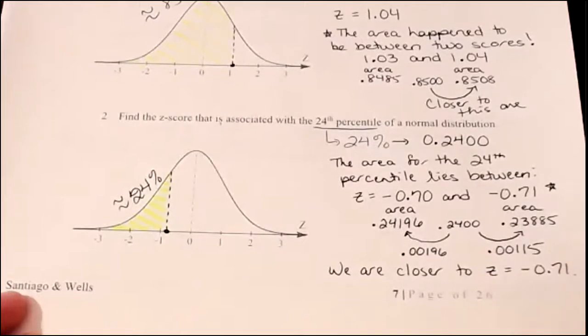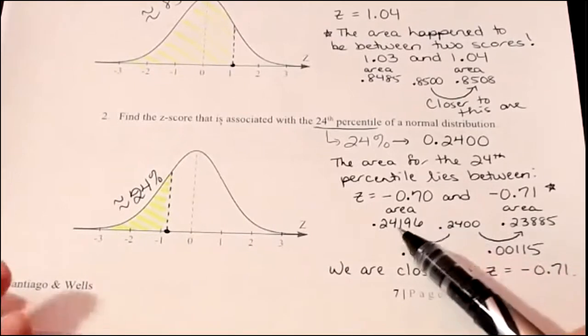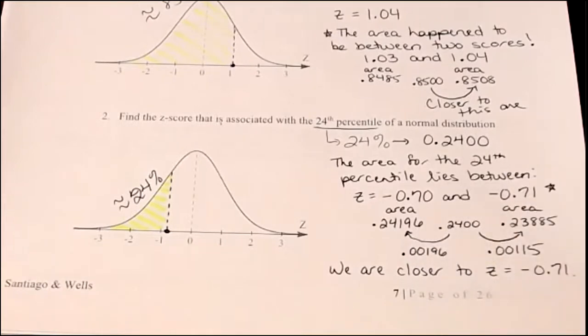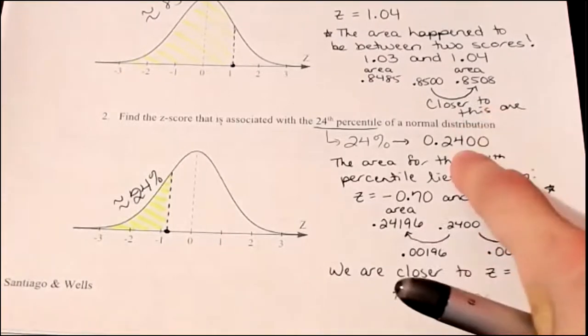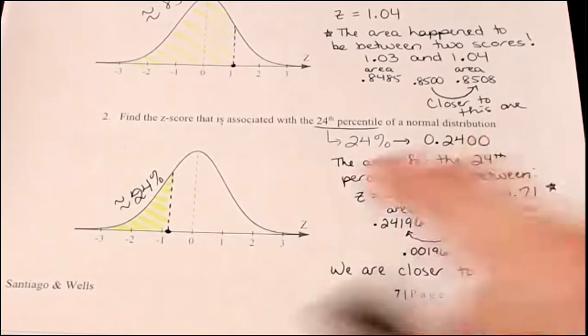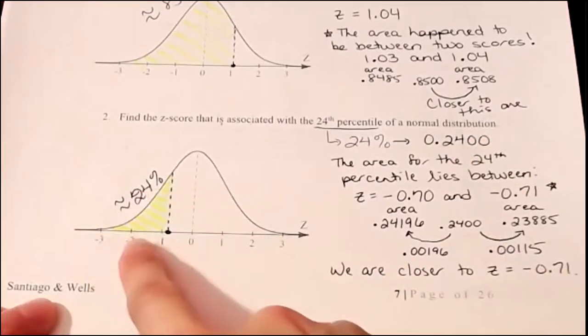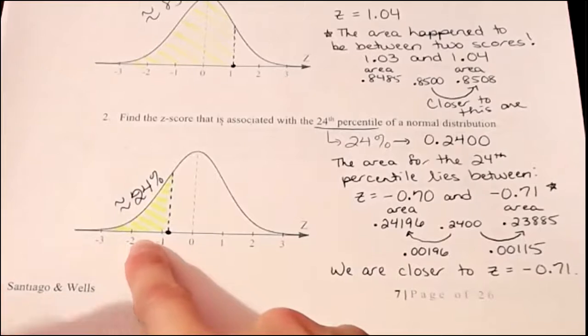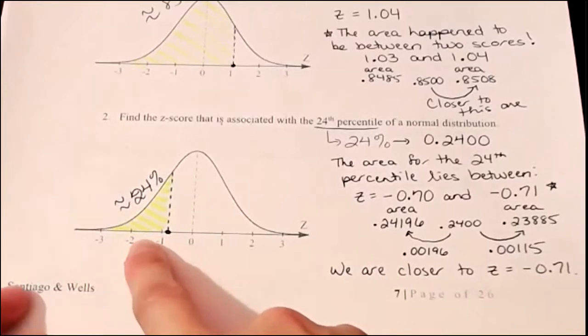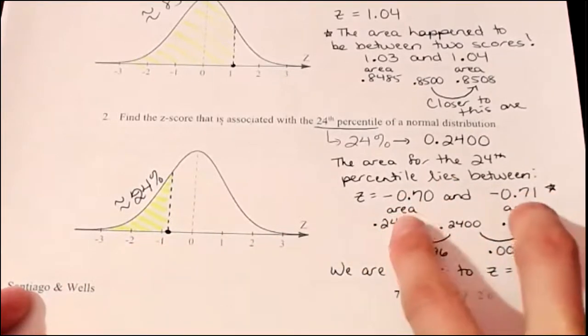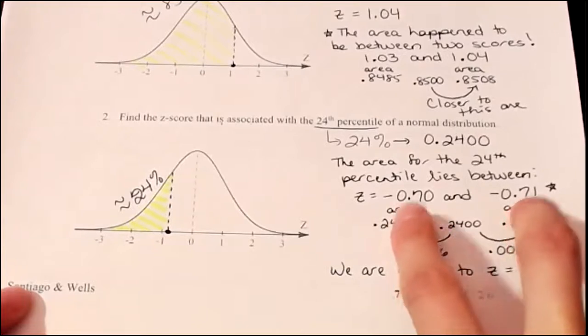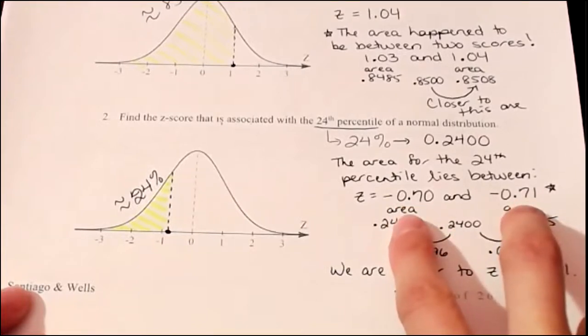No, so 0.01 is not it. So think of it this way. We want to know where the z-score lies to account for an area of 24% under the curve, right? An area of 0.2400. So are you okay with the fact that we found these two z-scores? Is that part okay? No.